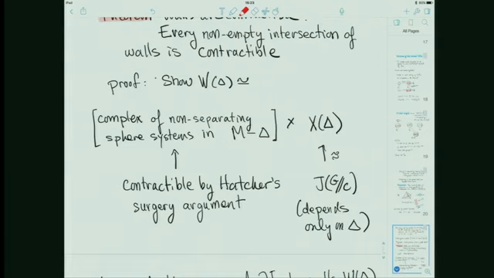And there's a standard surgery argument to show that sphere systems like this are contractible. So I've got the boundary of this bordification decomposed into a union of contractible pieces, and I know exactly what they look like. They correspond to complexes of spheres in this doubled handlebody, and they're contractible.